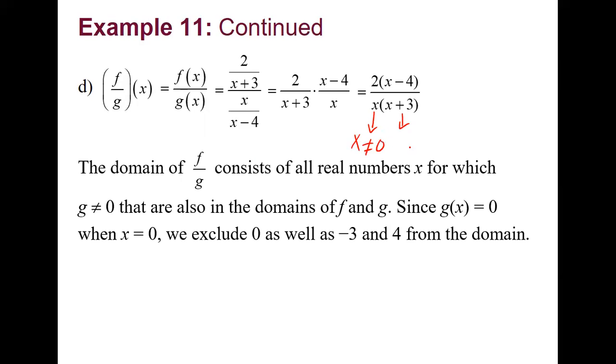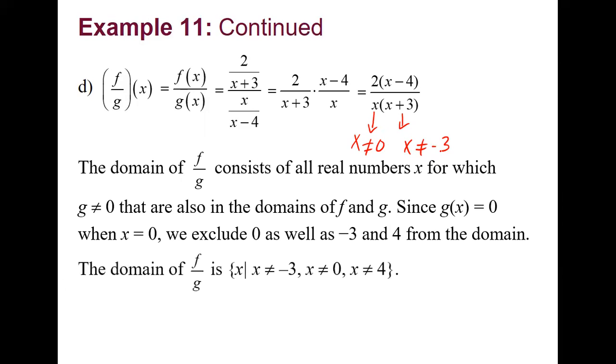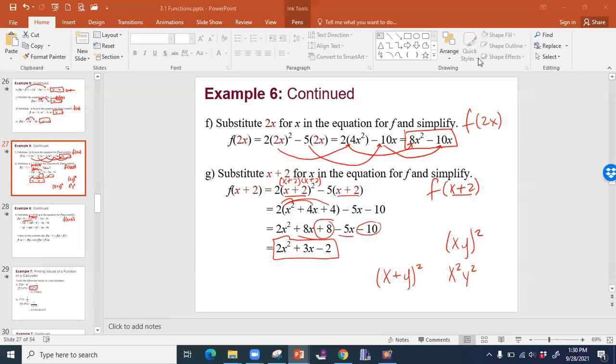So x cannot equal 0 and x cannot equal -3. And originally, because of the original problem, you still maintain the fact that x cannot equal 4, because if it was 4 in the beginning, then this would never take place. So we added on to our domain restriction. Okay, and that's it. Bye.